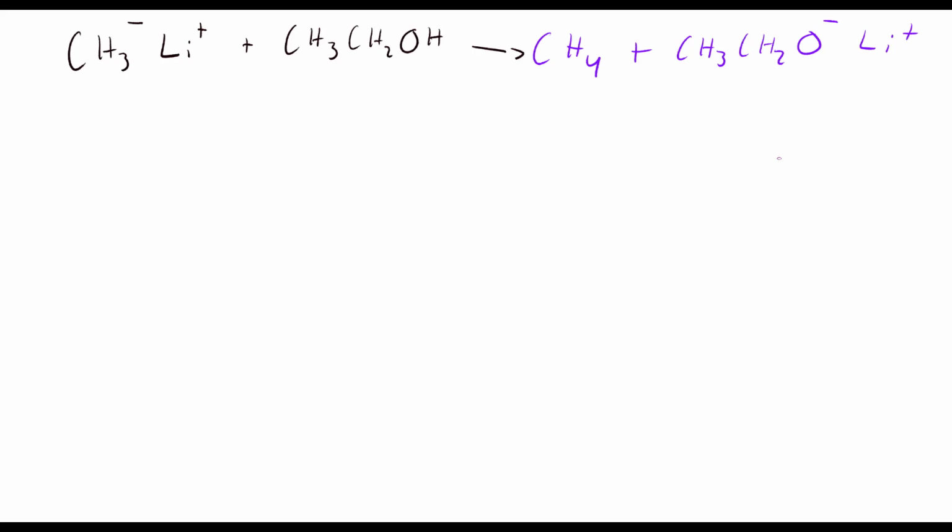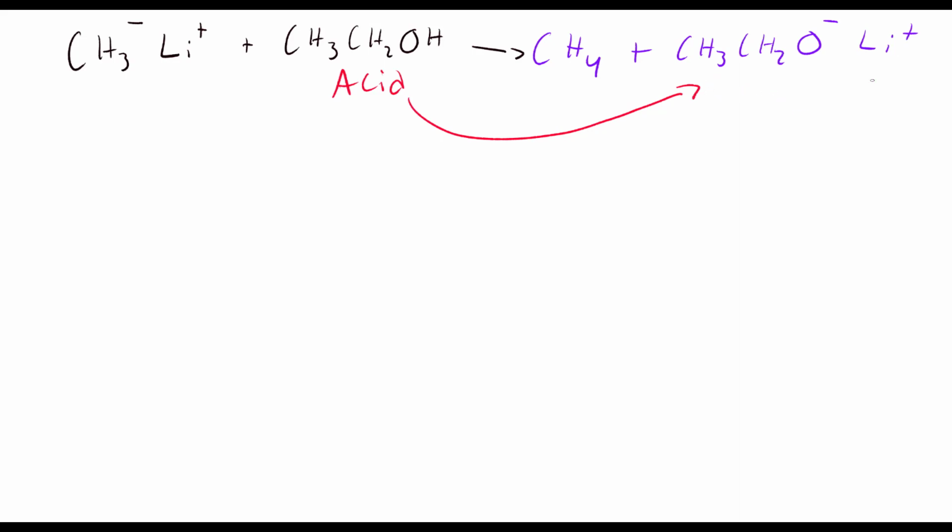Now we have to realize which is our base and which one is our acid. It's easier to find your acids first, right? So which one out of these two donated a hydrogen? Well, this one donated a hydrogen. Therefore, it's going to be acting as an acid. And that must mean that the conjugate is going to be acting as a base.